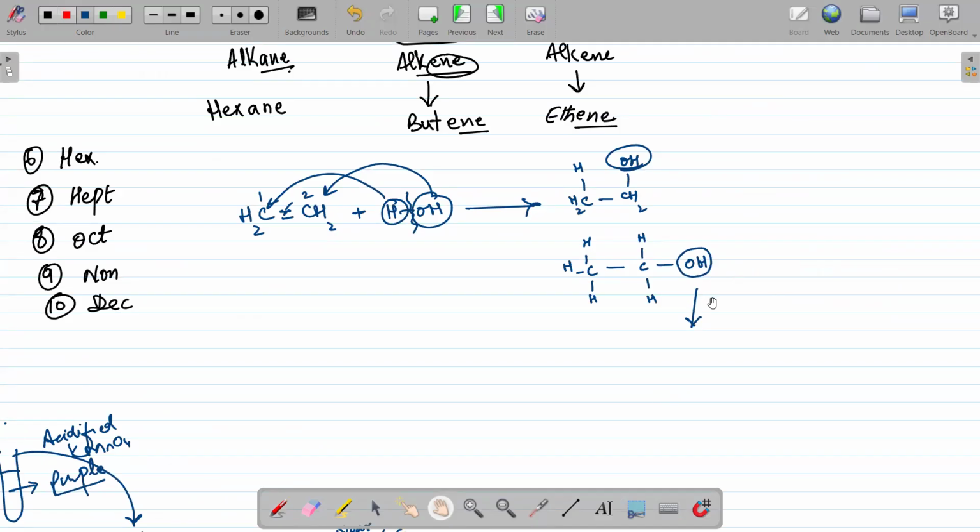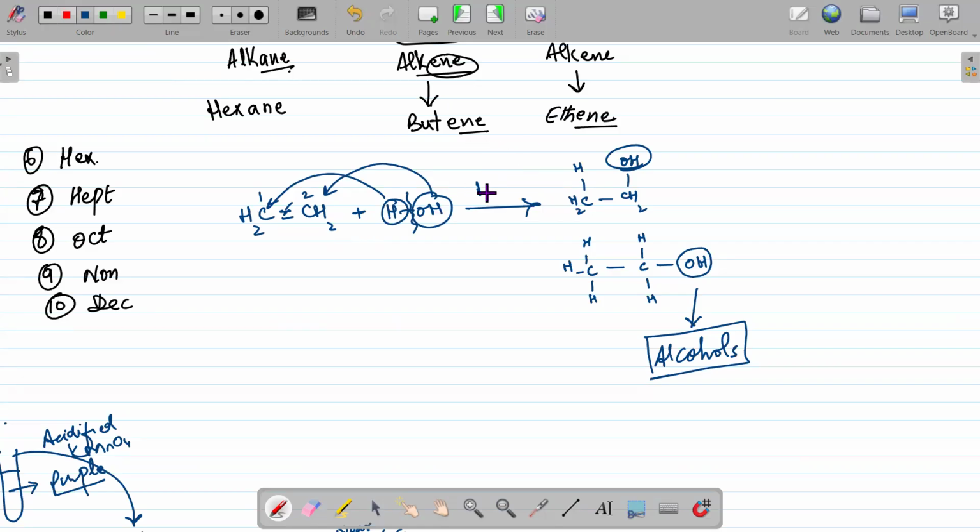Is this carboxylic acid? No, no. Only the OH group is alcohols. A new series of compounds which are known as alcohols. Alcohols have OH group. So that means we can prepare alcohols from alkenes by reacting them with water.